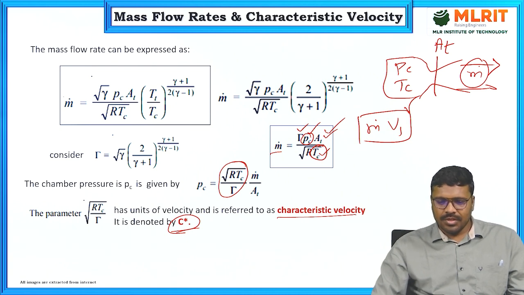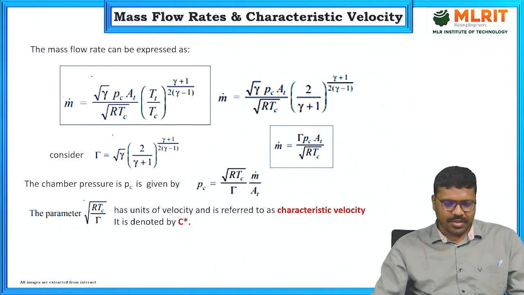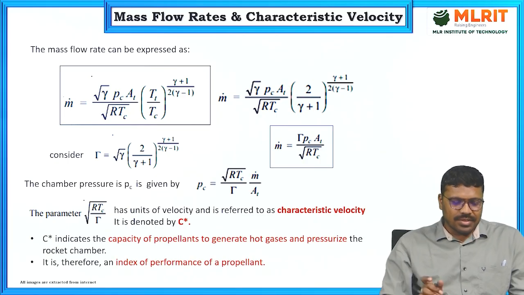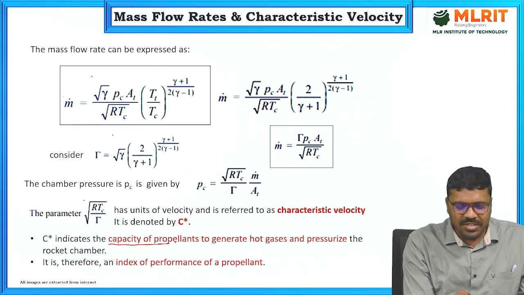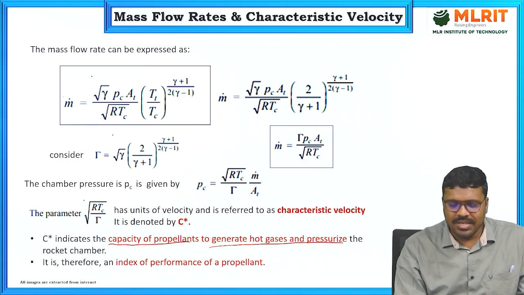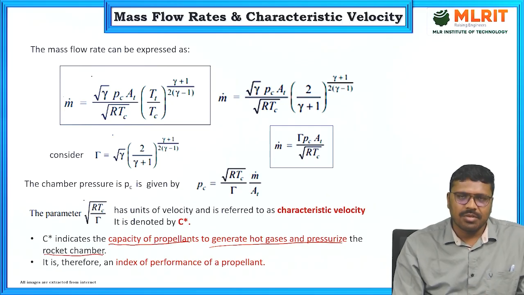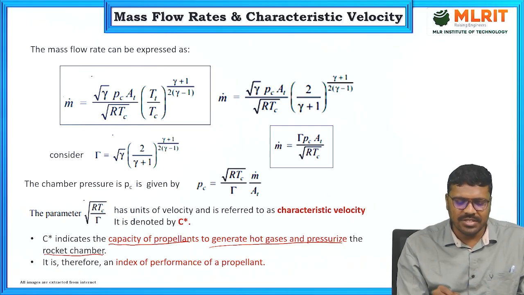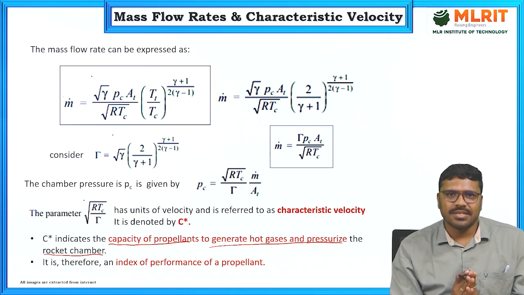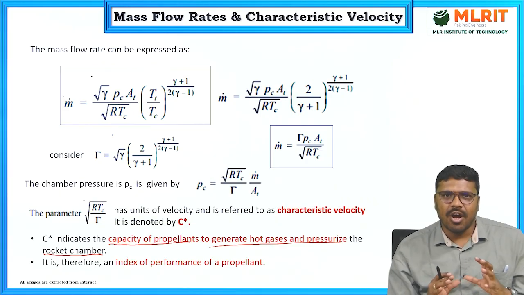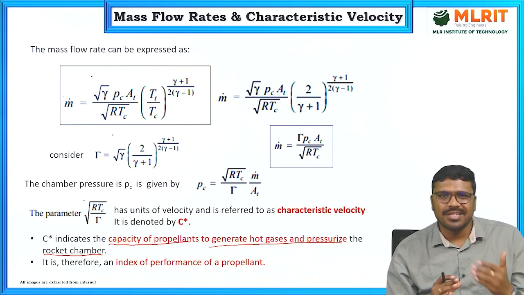So this is about the characteristic velocity, and this characteristic velocity is a very important term. So this C star indicates the capacity of the propellants to generate the gases and pressurize the rocket chamber. So it will explain the capacity of the propellants to generate the gases, and also how much extent we can pressurize the chamber.